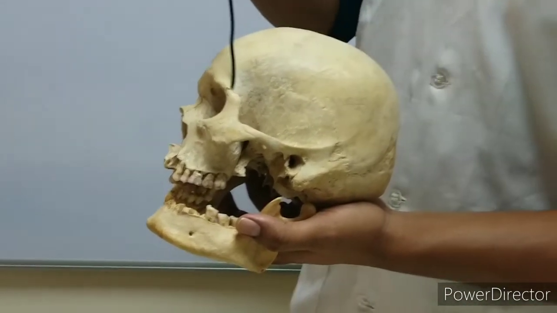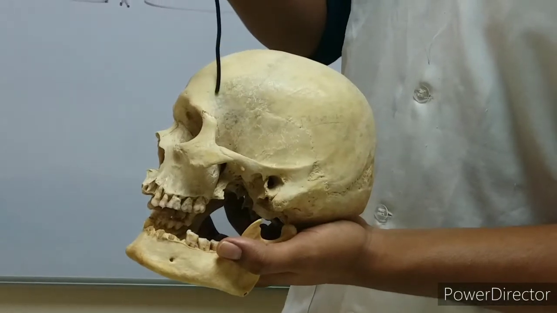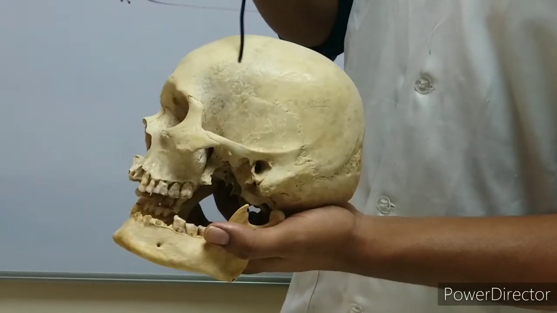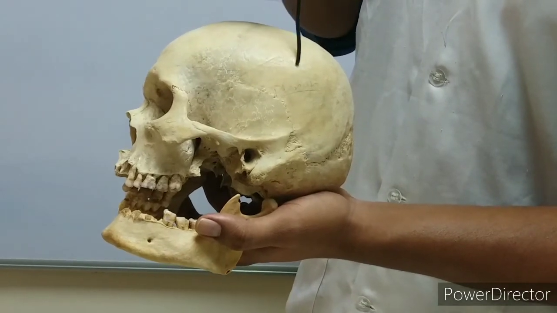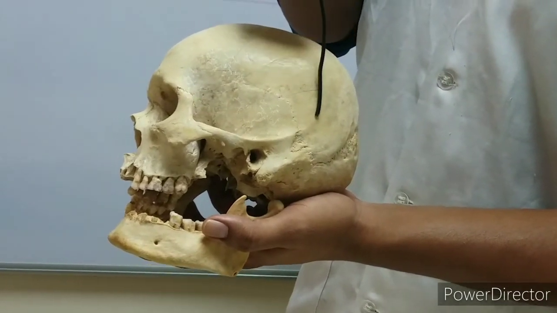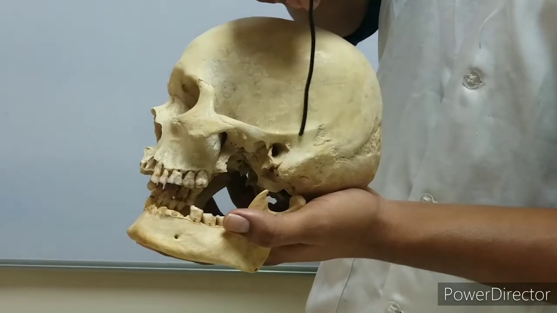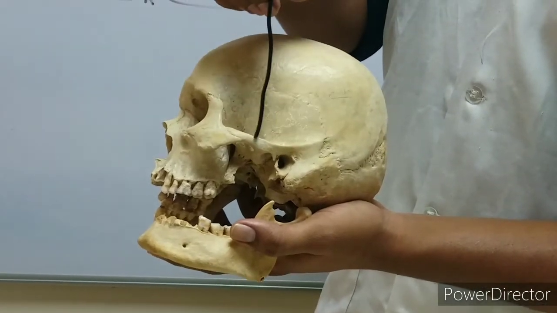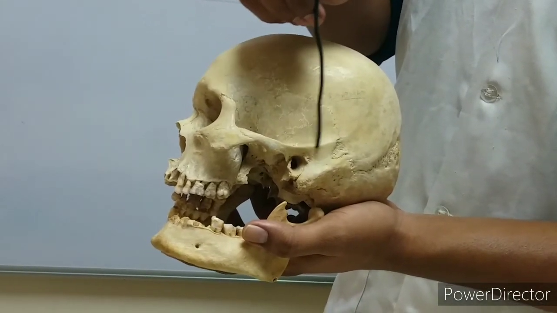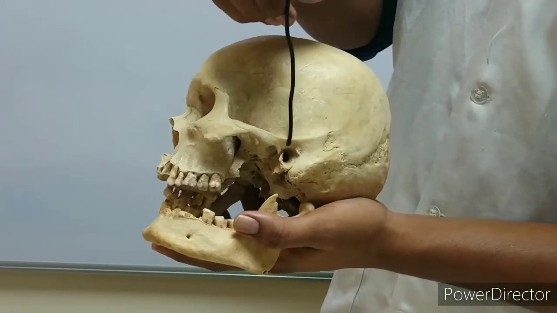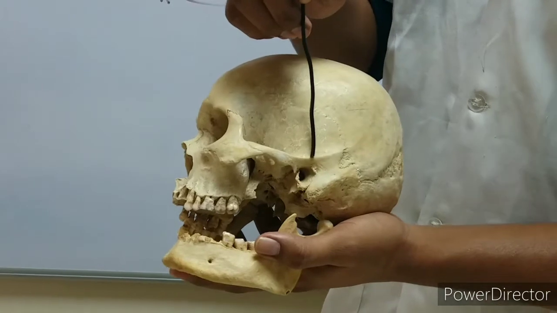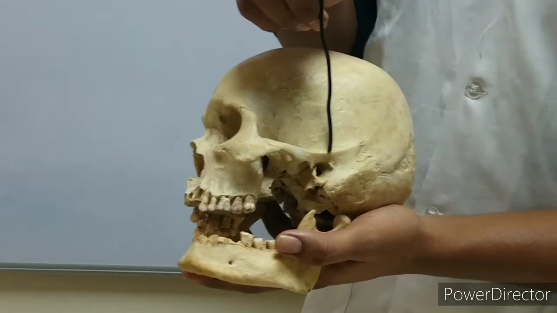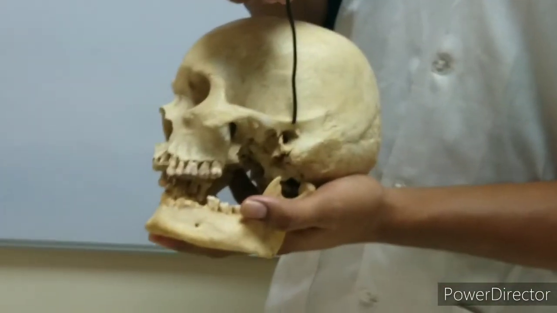From here the superior and inferior temporal lines start. The superior temporal line fades away, but the inferior temporal line continues posteriorly with the posterior root of the zygomatic arch, and it is continuous with the supramastoid crest. So that is about the temporal lines.